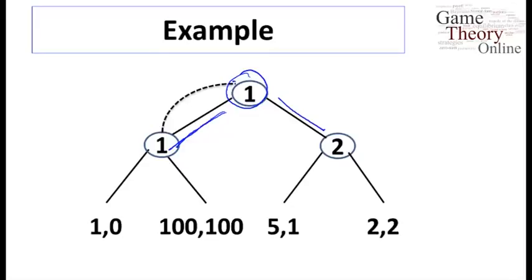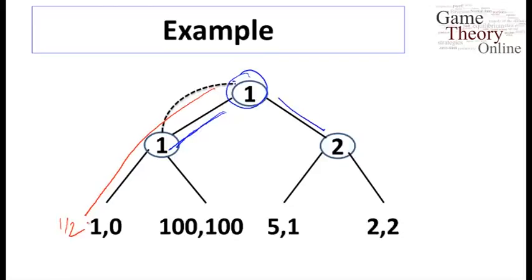What distribution did that induce on the leaf nodes? Well, let's see. If you chose left with probability one half, then you would definitely go down this path and end up here. So with probability 1/2, you'd end up here.